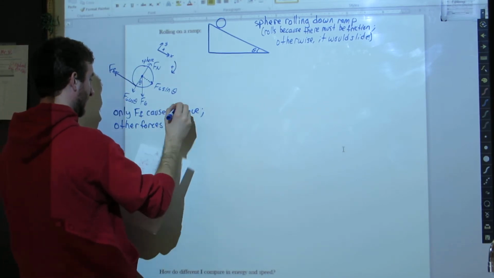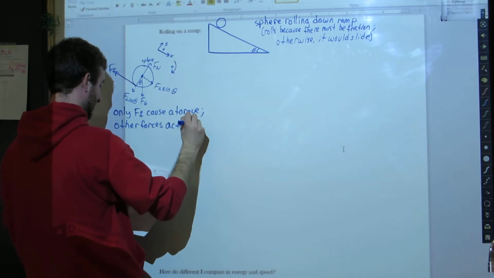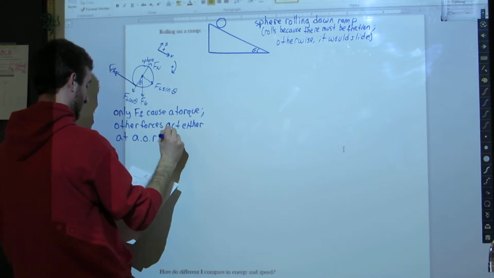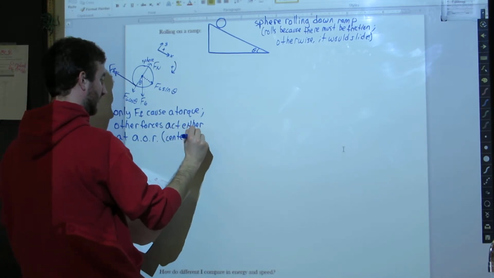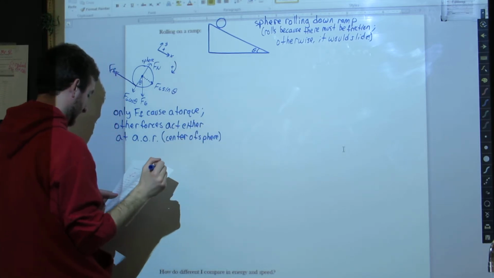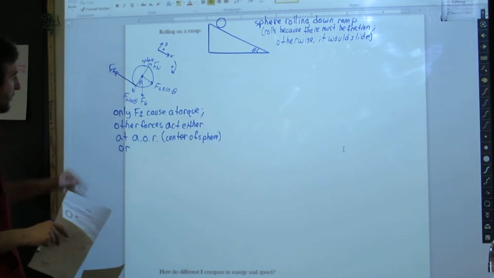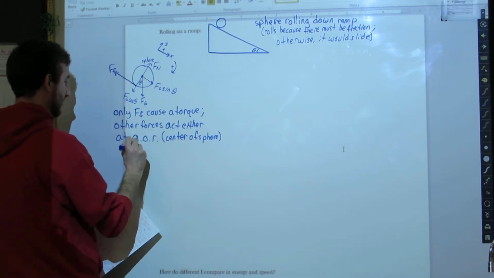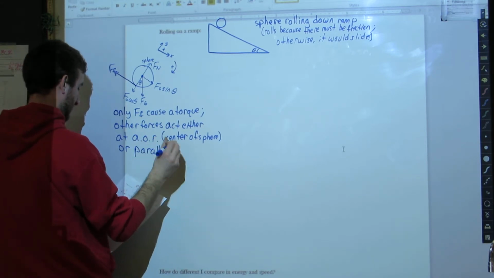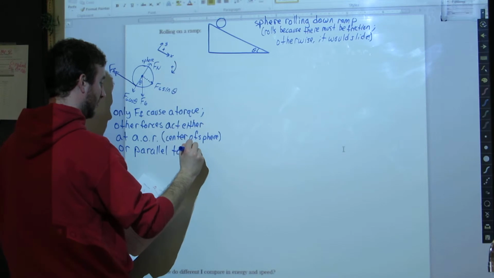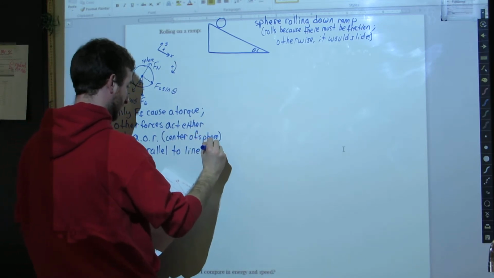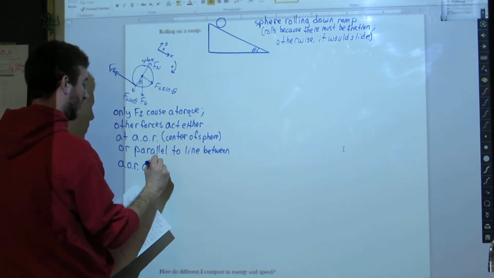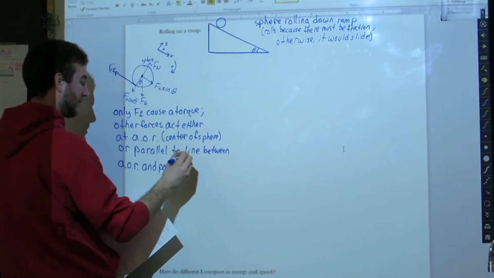So the other forces here act either at our axis of rotation, which is at the center of the sphere, or the normal force doesn't act at the center of the sphere, but if you look, it's on a line parallel to the line between the axis of rotation and what I'll call the point of application, where the normal force is applied.